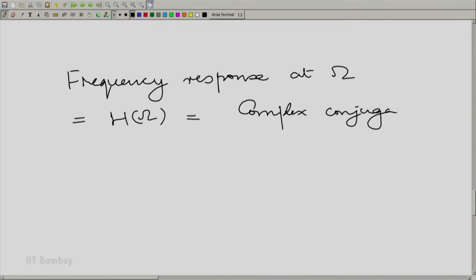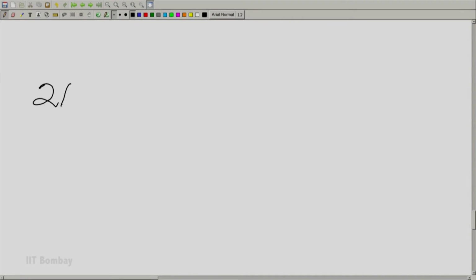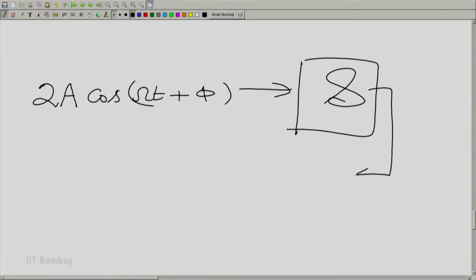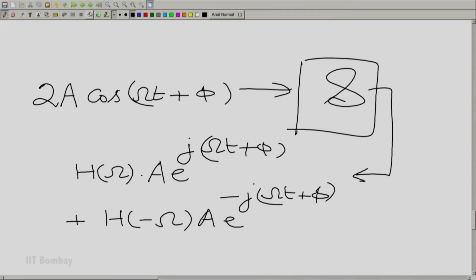So, let me write that down mathematically. Mathematically, H(omega) is the complex conjugate of H(minus omega), and therefore, in total I could write down when 2a cos(omega t plus phi) goes into this system S, what comes out is H(omega) times a e raised to the power j(omega t plus phi) plus H(minus omega) times a e raised to the power minus j(omega t plus phi), and now you can aggregate them.